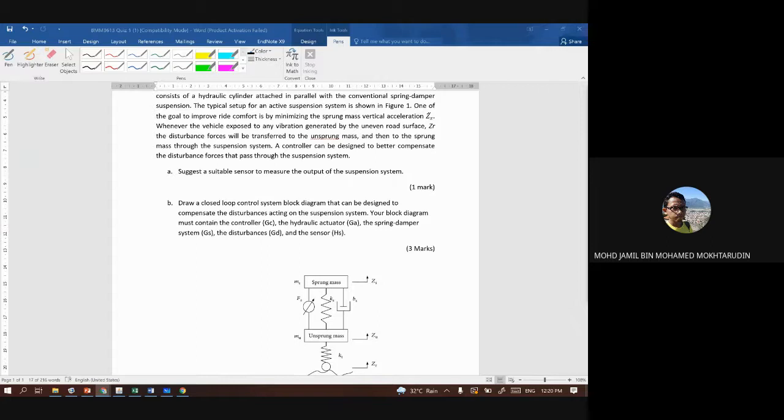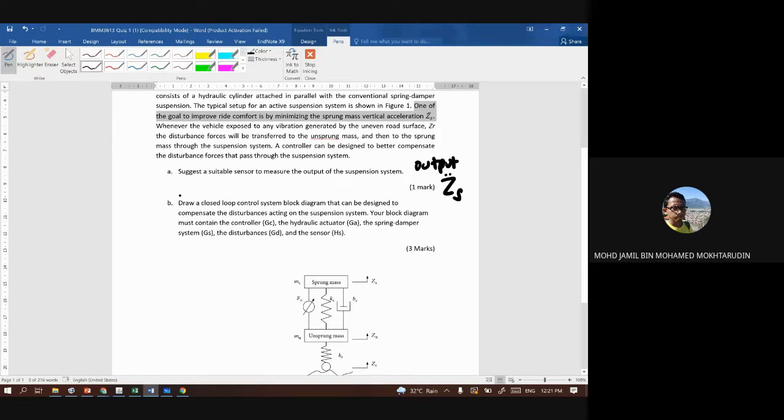Okay, so when you know the output, the output just now is the vertical mass acceleration. So output is ZS double dot.